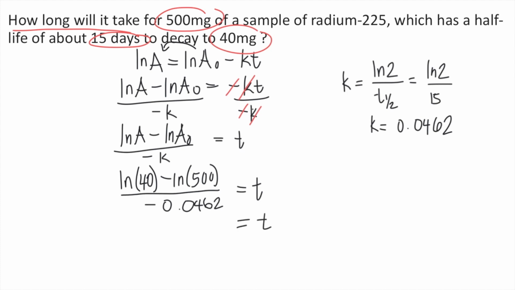Now, all you have to do is to compute for the time. So that's ln of 40 minus ln of 500 divided by negative 0.0462, and that will give you approximately 54.7 if you round it up.